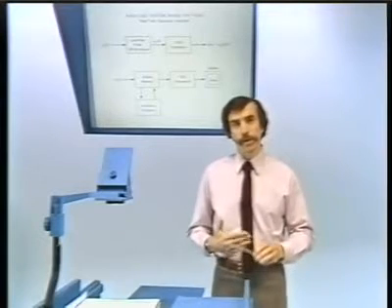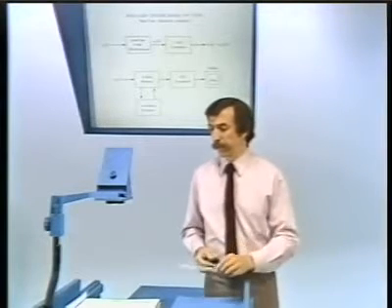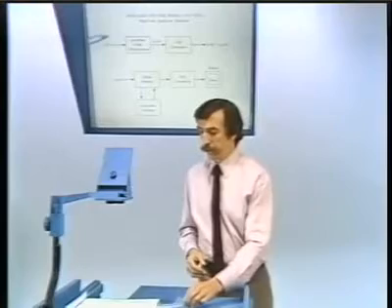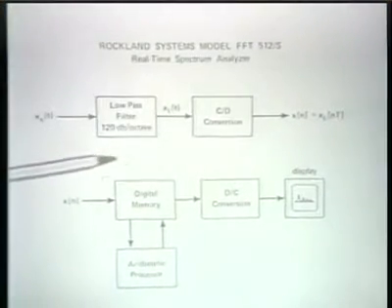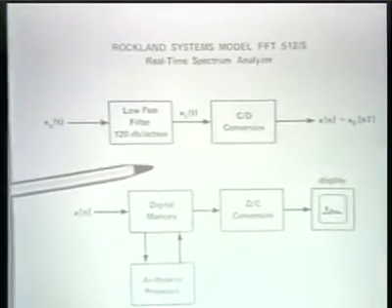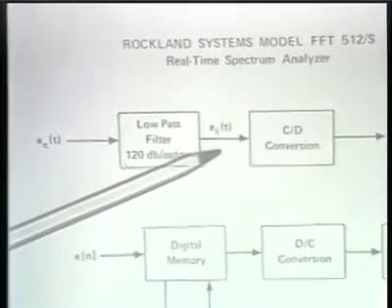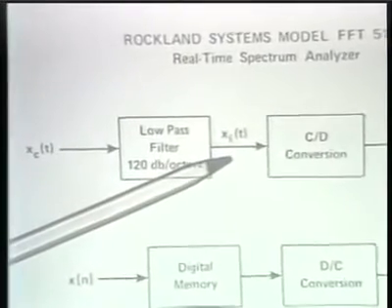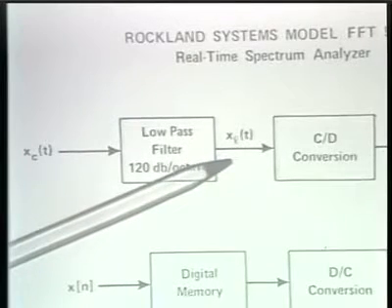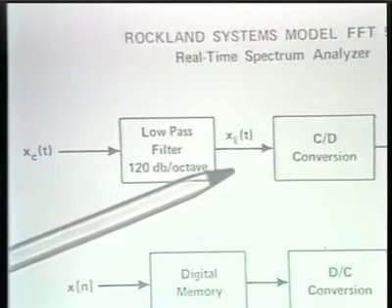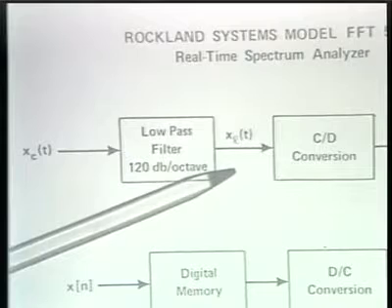So the overall system block diagram first consists of a system which is a low-pass filter, and this low-pass filter is used in advance of the sampling process to basically reduce the artifacts that are introduced due to sampling.